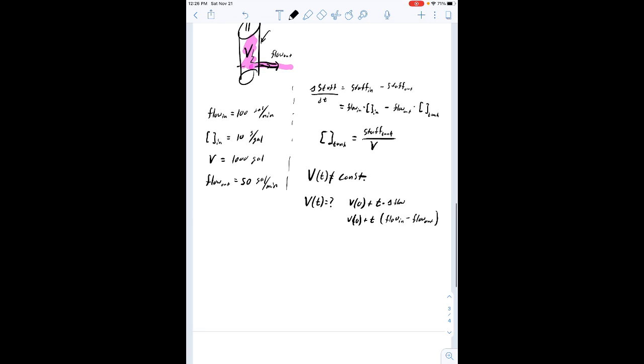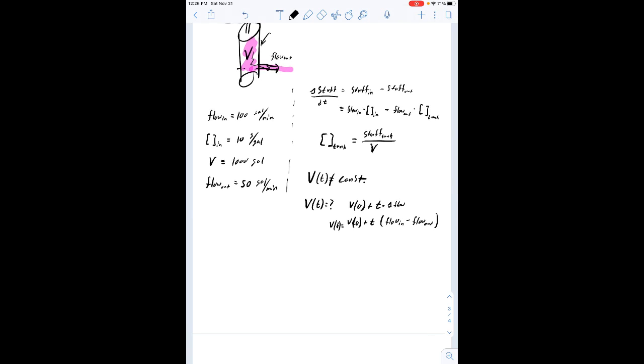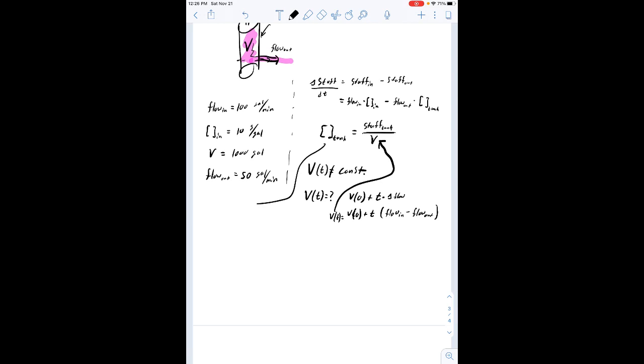So we can plug this V back in up here. So the concentration in my tank is going to be equal to the stuff in my tank, which, remember, is what we're trying to solve for, divided by 1,000 plus T, my flow in minus my flow out, which is equal to 50, so T times 50.